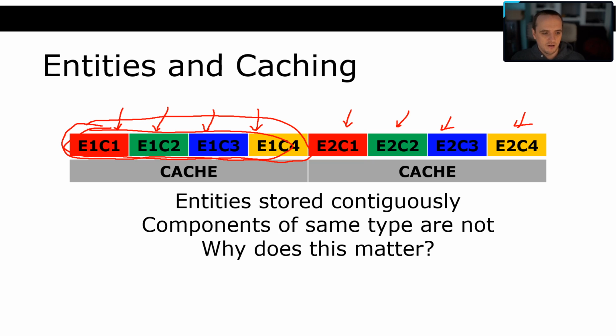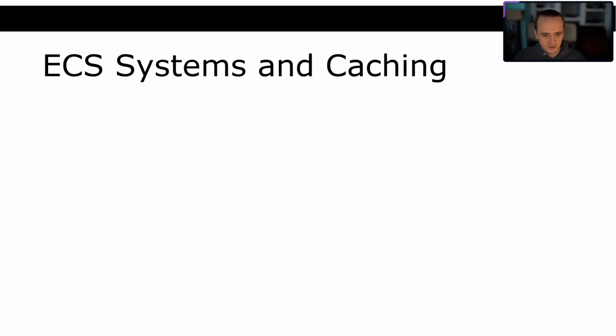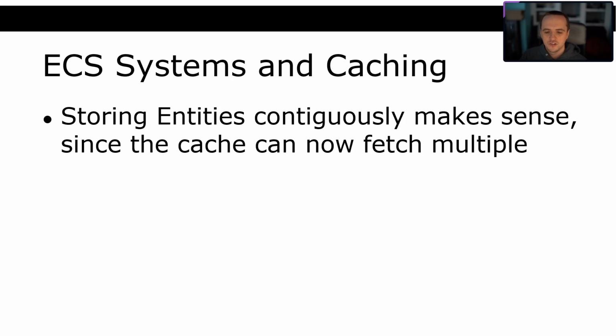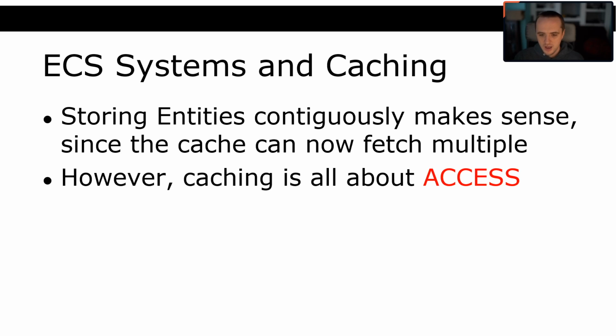Why would that matter? Do we want our memory to be laid out like this? Okay, let's look into why that matters. Storing entities contiguously makes intuitive sense, right? Since the cache could potentially now fetch multiple entities. However, caching is all about access, the patterns in which we access the data.